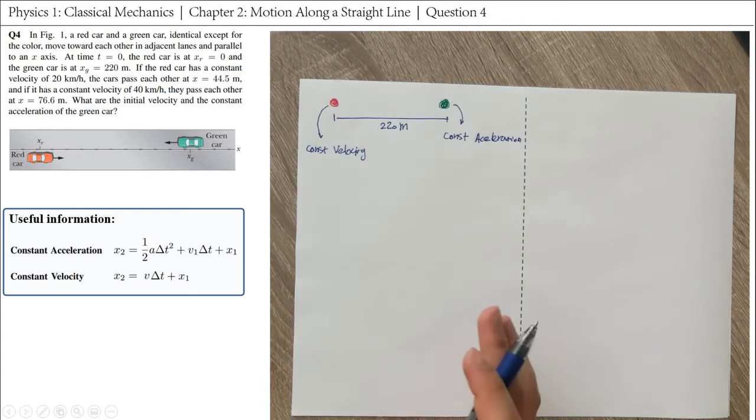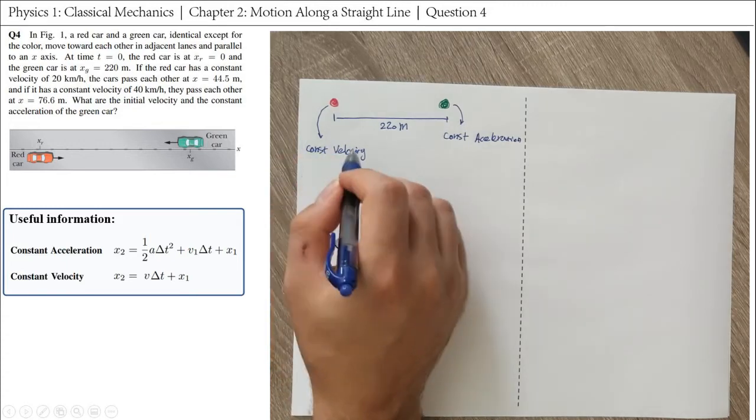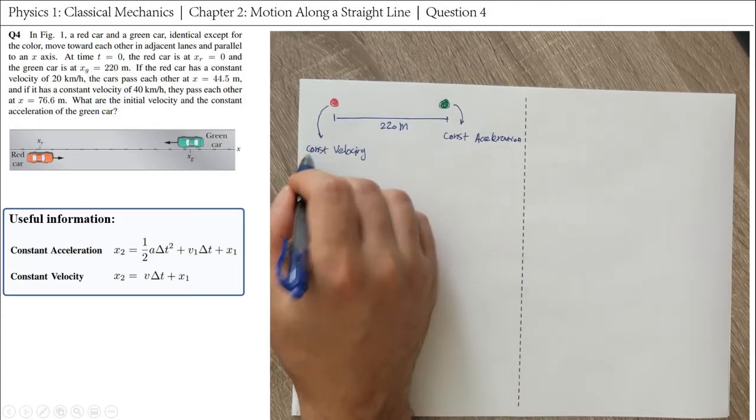Okay, now before solving the problem, let's just remind ourselves what is the equation of the position in terms of time for constant velocity.